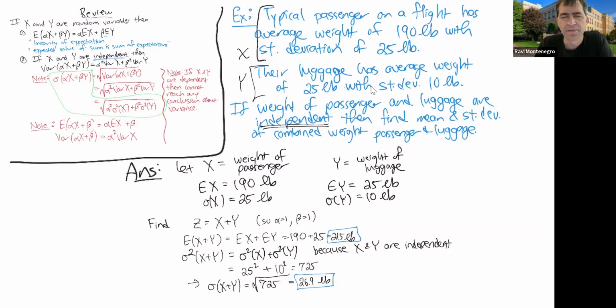Now, an airplane flight doesn't just have one passenger, they have a lot of passengers. So if a flight has, let's say, 150 passengers, then the average weight of the airplane won't be 215 pounds. It would be 150 people times that. But the standard deviation is going to be very different.